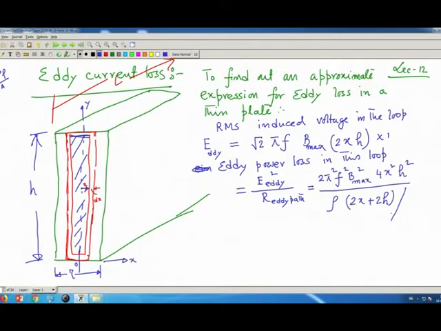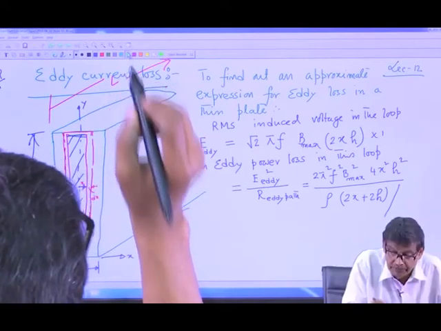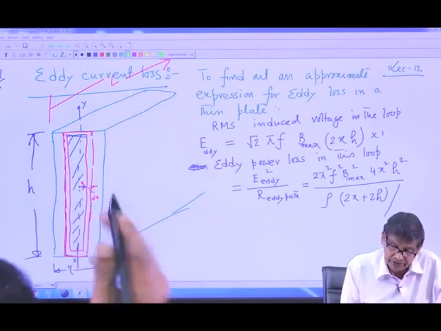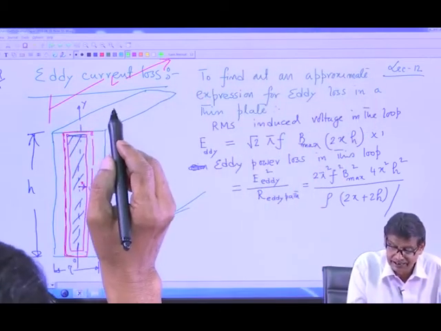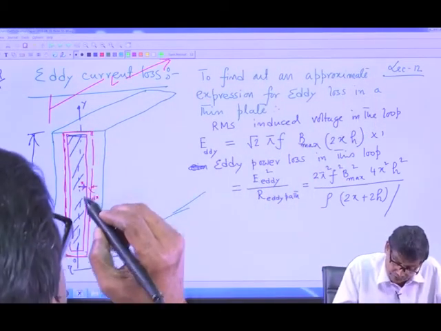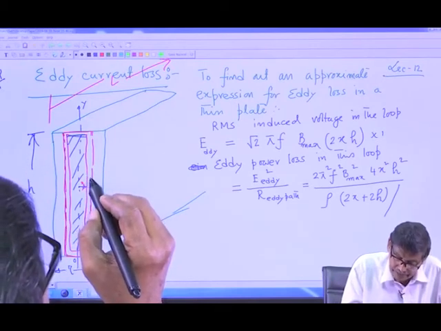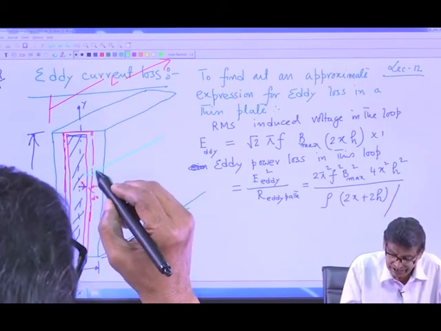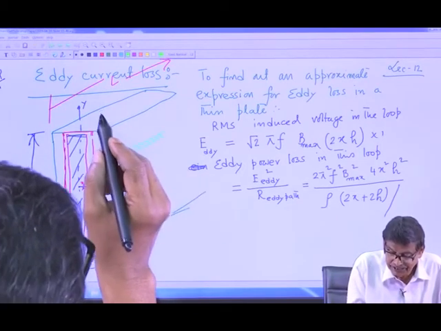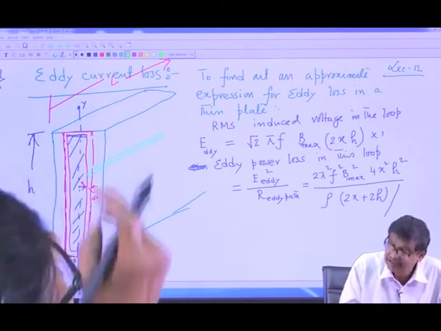Now, here it requires some observation, that is, what is the cross section? This loop, as I told you, exists all along this length, here also it exists. And current at a given instant of time will flow through this cross sectional area, because the loop exists here also, not only for this single fellow.